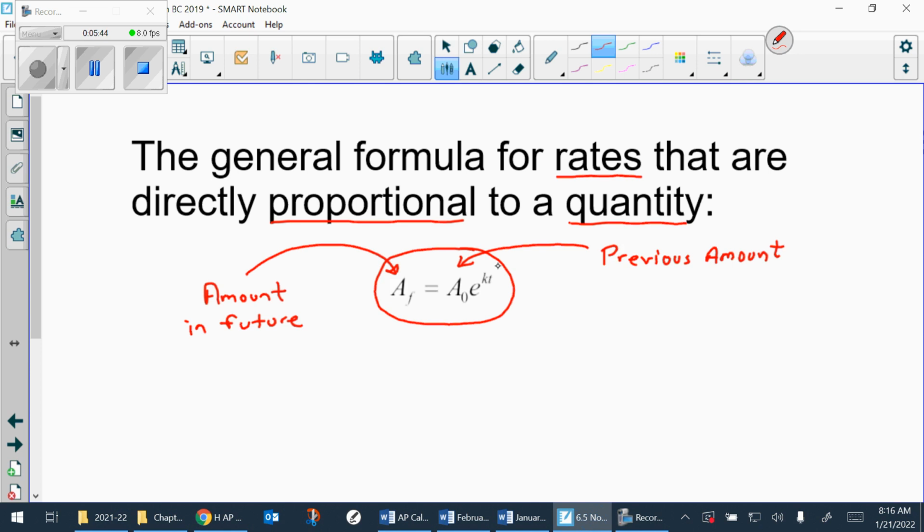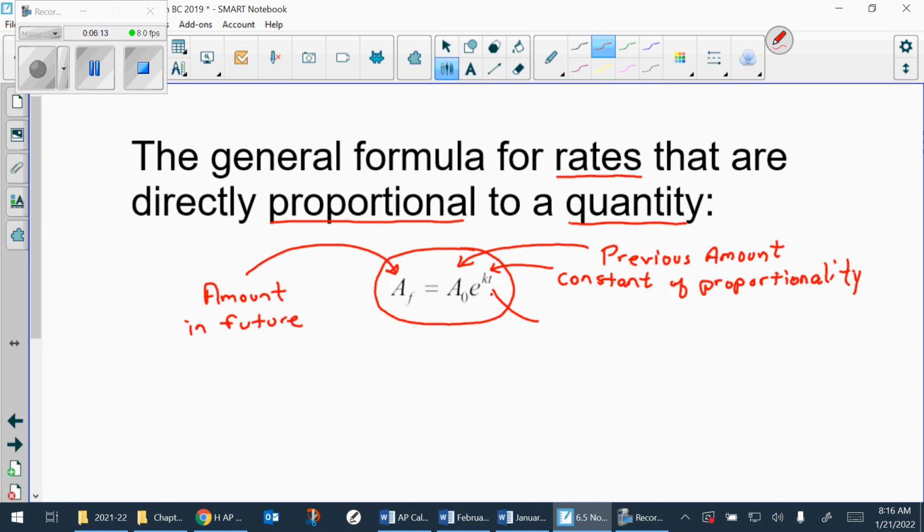Now, K is the constant of proportionality. And normally we're going to have to solve and figure out what that value of K is. We're going to figure that out when we know some initial condition.